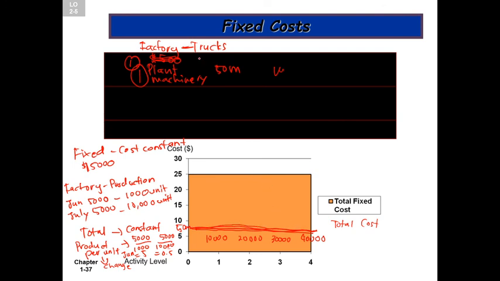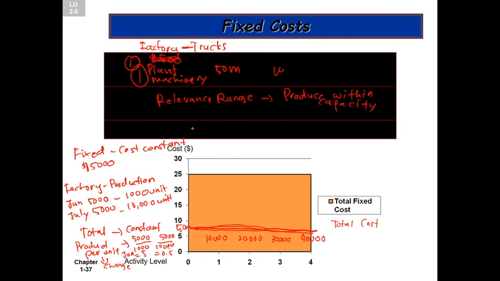But we must produce within the relevant range. What is relevant range? It means we can still produce within the capacity.